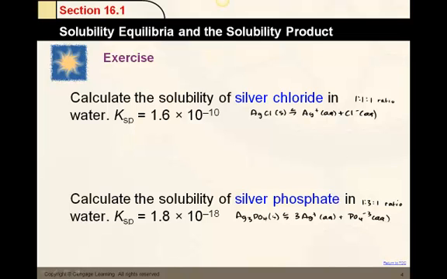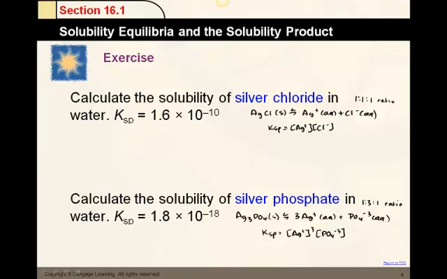So how are we going to solve? Well, we know that the KSP value is the concentration of silver ions times chloride ions, and in the bottom one, the KSP value is the concentration of silver ions cubed times phosphate ions.